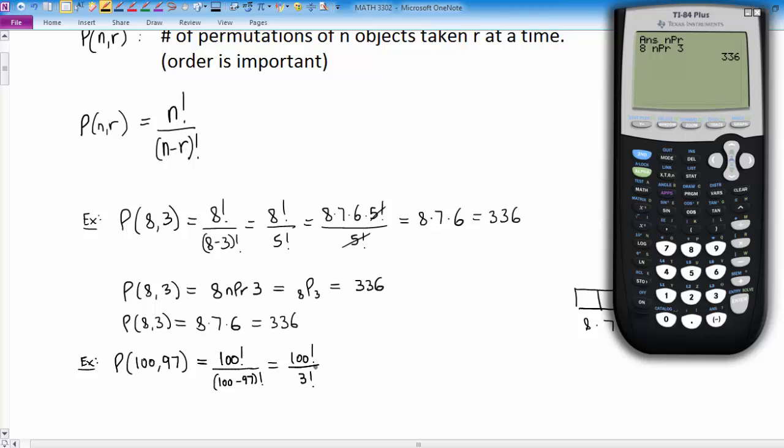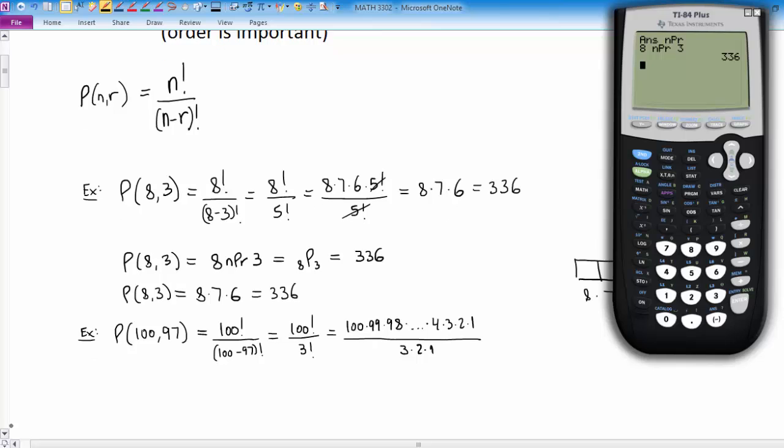This is a pretty large number, right? This would be 100 times 99 times 98 and so forth until you get times 4 times 3 times 2 times 1 divided by 3 times 2 times 1. So that will give you the number of permutations.